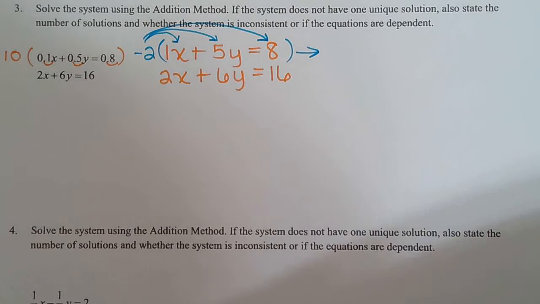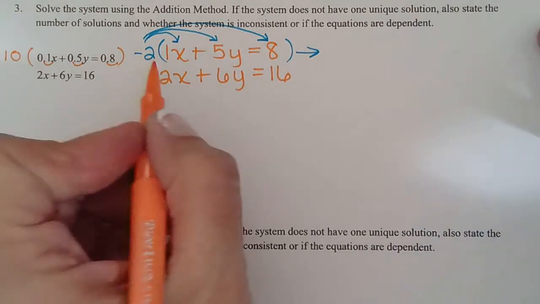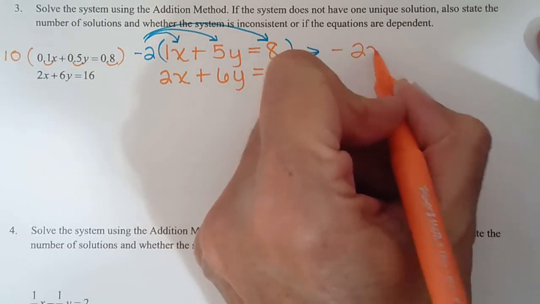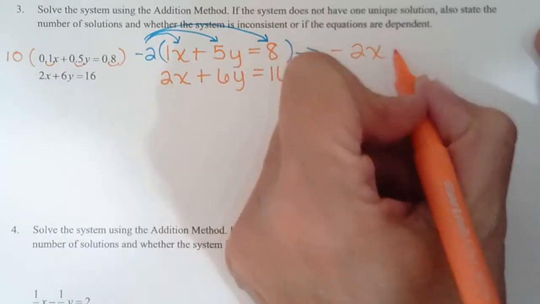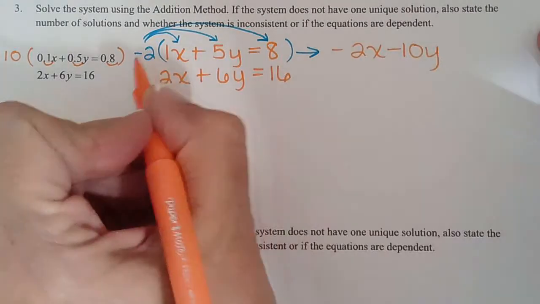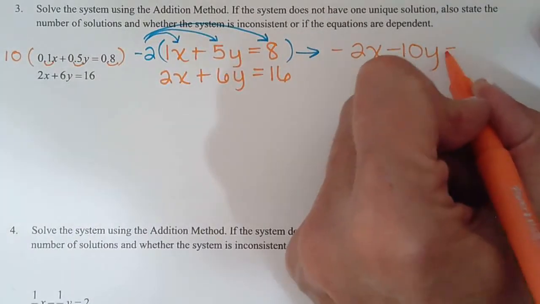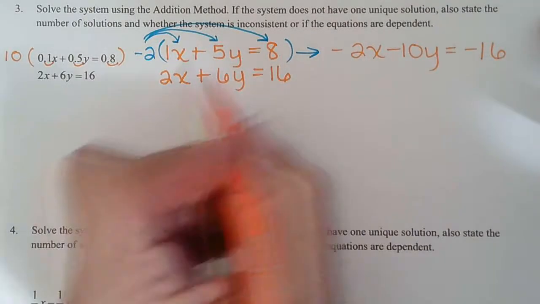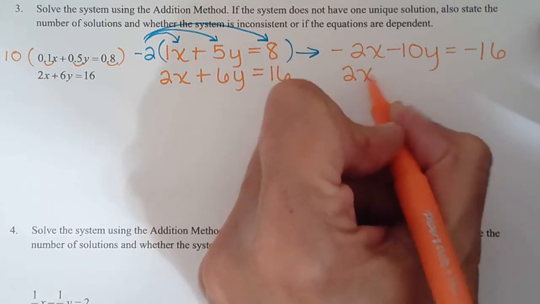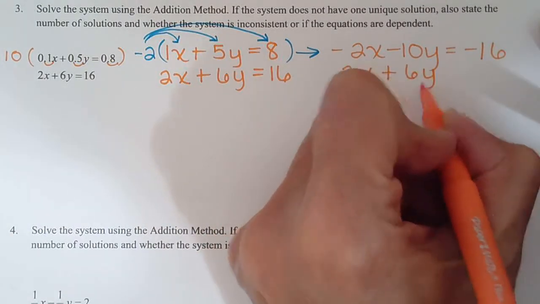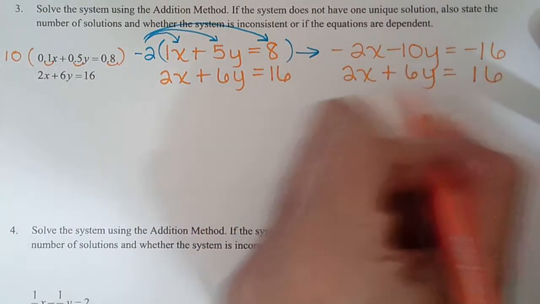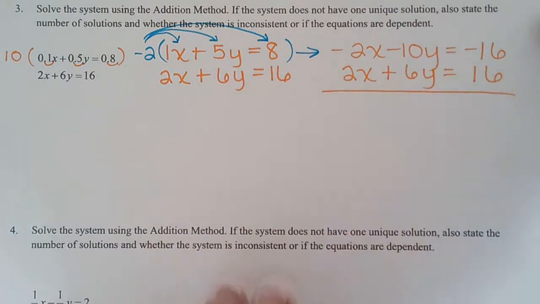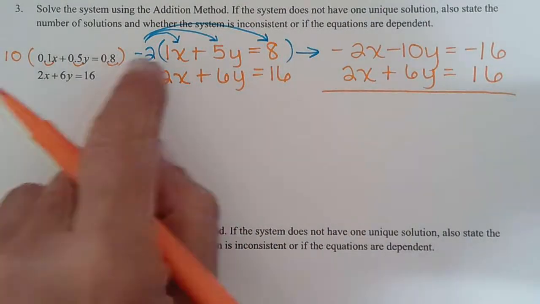And that leaves us with negative 2x, negative 10y, and negative 16. And the bottom row stays the same because we chose a variable that could be eliminated with just one multiplication.